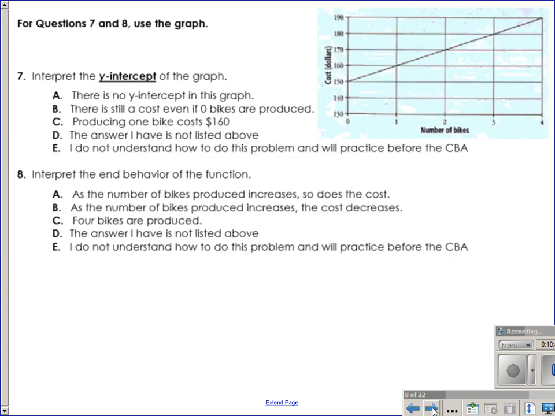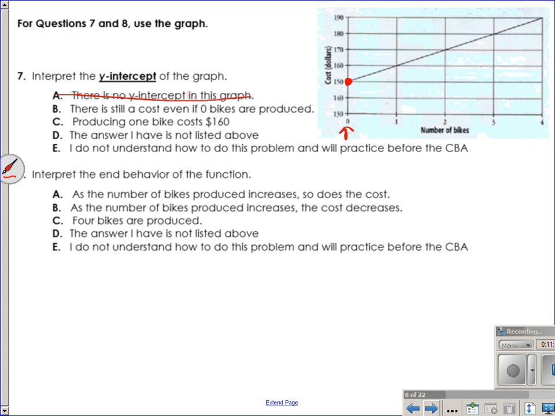All right, 7 and 8 are asking us to interpret the graph. So number 7 says interpret the y-intercept. Remember, the y-intercept is the starting point of the graph where the line crosses the y-axis. And it crosses at 150. That's our starting point, and you can see that that's when x is 0. So A, there is no y-intercept on this graph, is wrong because it is 150.